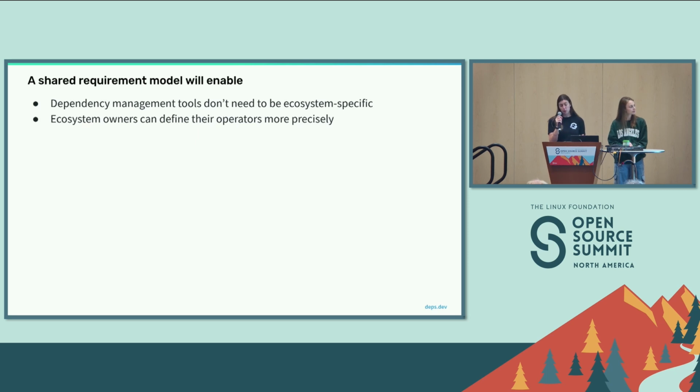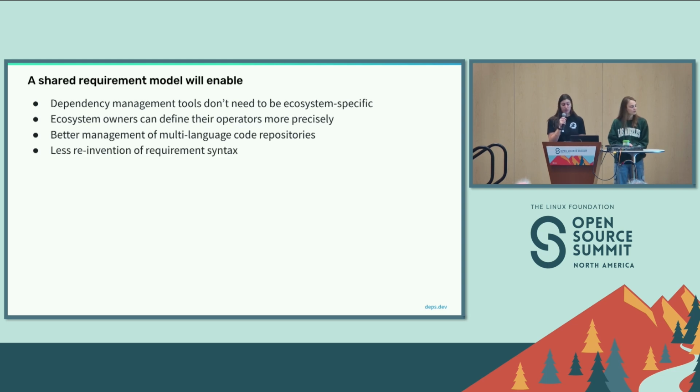Currently, many ecosystems poorly document their requirement syntax and semantics. Many of our code repositories are also multi-language, which means it's much more natural to manage several ecosystems across your dependencies rather than just one. So a shared model will prevent us from reinventing the wheel.